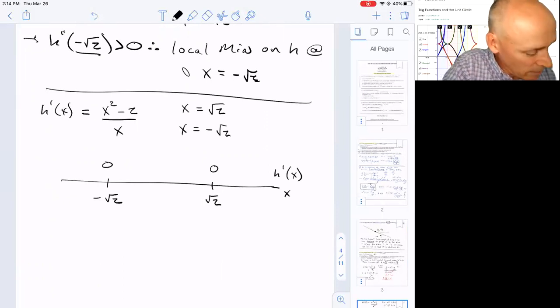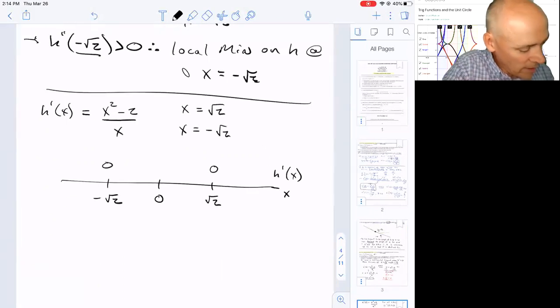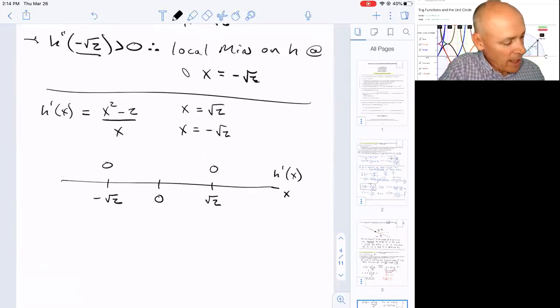If I take 0 and plug that into my first derivative, h prime, you probably caught that before I did, I can't do it. It wouldn't be prudent because this is not defined for 0.